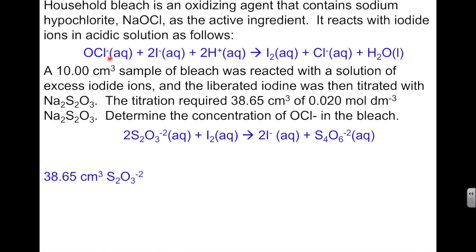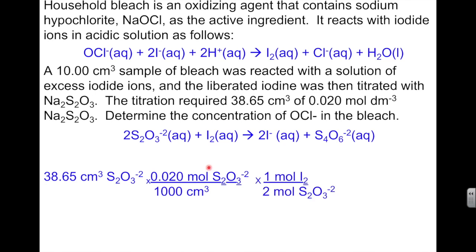So you'll again start with the volume of your titrant, always start with that, and you will convert it into moles using your molarity, and then you will convert the moles of S2O3 to moles of I2. You could have done I minus if you wanted, and then convert it to moles of OCl.